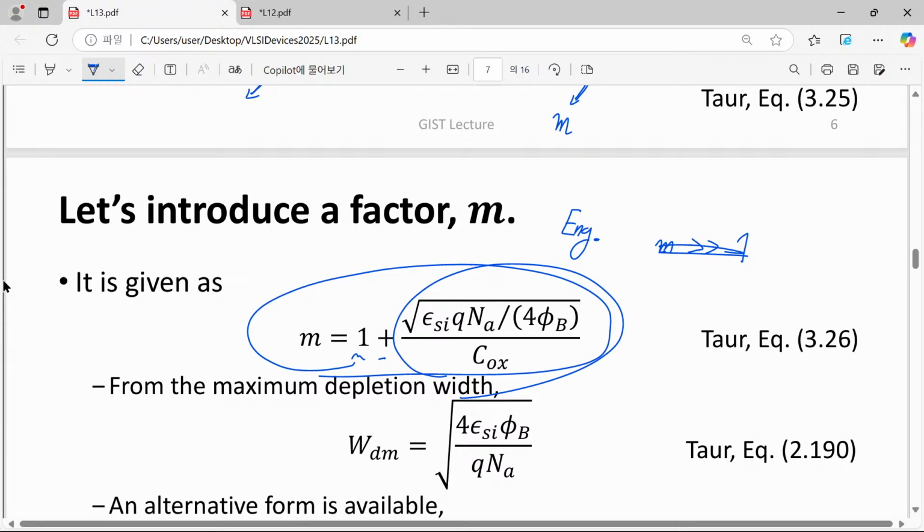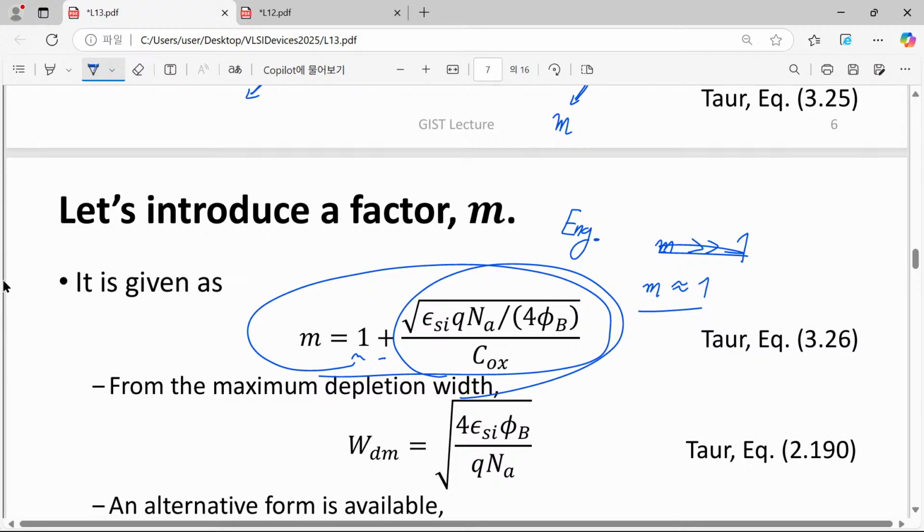It is quite easy to destroy our device, but the one we are currently looking at is actually the engineering marvel of device engineers, so usually what we can see is quite small m values. That's the reason why, although it is not exactly 1, we just treat it as 1.